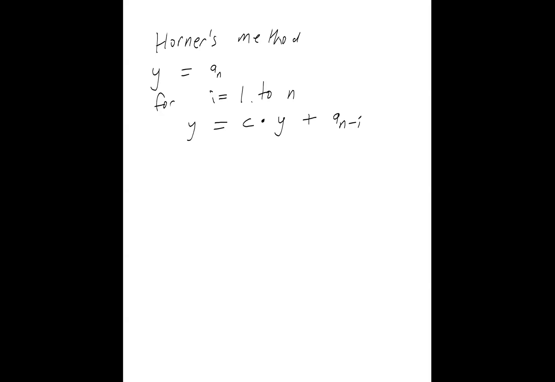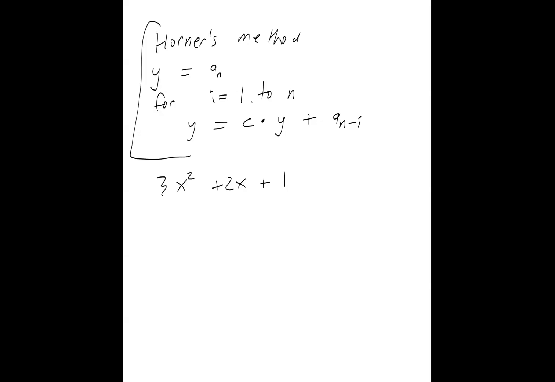And how exactly does it work? Well, good morning. Let's take a polynomial. When you do the homework, you have to do the polynomial 3x squared plus x plus 1, so I'm going to change that a little bit. We're going to use this method to evaluate the polynomial 3x squared plus 2x plus 1 instead of the one in the homework.